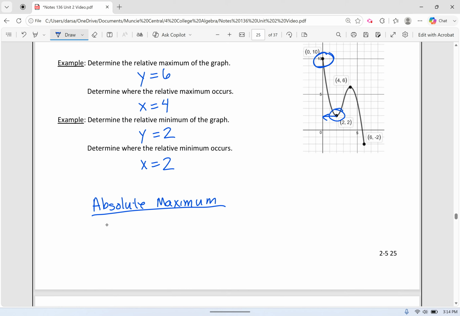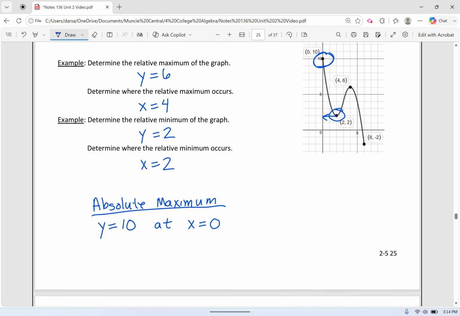So the absolute maximum happens to be y equals 10. And what is the x value that this occurs at? Just like with relative maximums, it's important to know that that happens when x is 0. So what is the absolute biggest y value? That is 10.